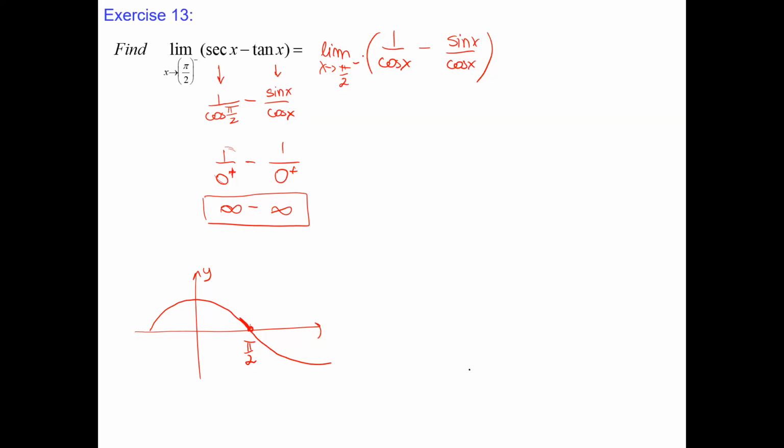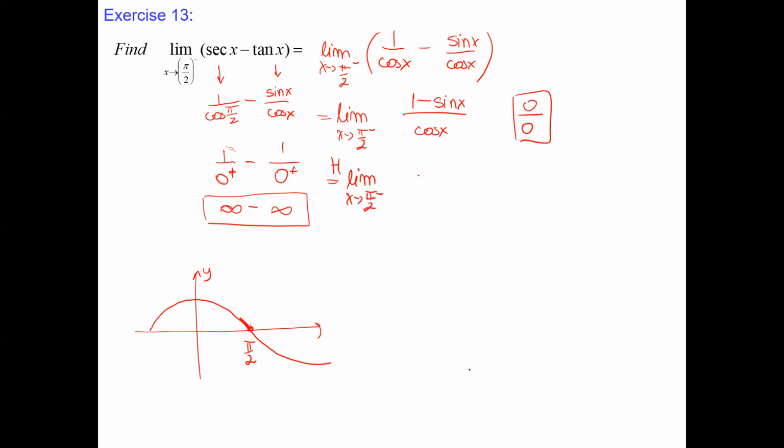Now we have to rewrite the difference in terms of the quotient. We are lucky, the same denominator, so we will have just 1 minus sine of x. Sine of x at pi over 2 is 1, 1 minus 1 is 0, and cosine at pi over 2 is 0. We are allowed to apply L'Hopital's rule.